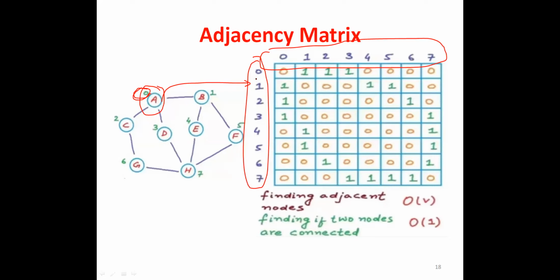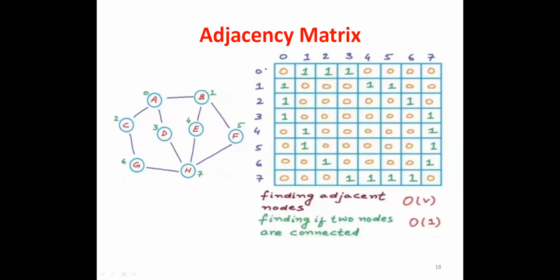Okay, so I want to find the adjacent vertices of the vertex A. I'll go directly to the 0th row. Then I will traverse and look at the values, whether each is 1 or not. For each and every cell, I will go and look. I'll continue until I reach the last node. That's why it is order of V, the number of vertices in the graph, because this row has as many cells as there are vertices.